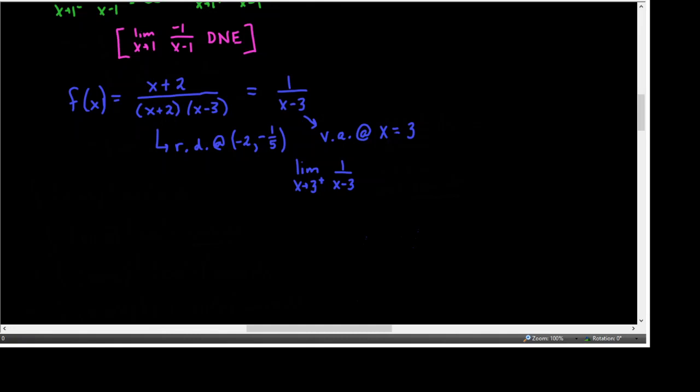So if we take something that's slightly bigger than 3 minus 3, the result is a tiny positive number. And if I divide 1 by a tiny positive number, I'll get a positive answer that's getting bigger and bigger and bigger the closer I get to 3 from the right-hand side. So that would be enough to prove that you have that vertical asymptote.